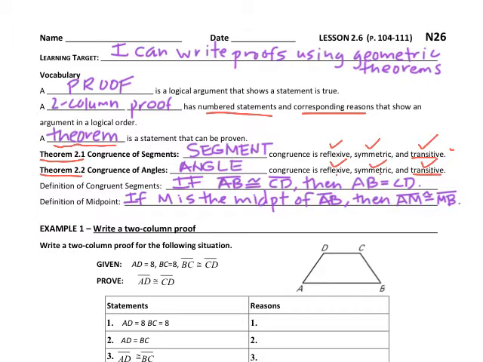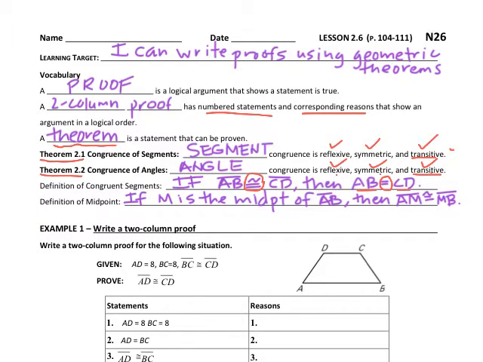All right, the definition of congruent segments. If a segment, let's just say AB, is congruent to CD, then we know that the length of AB is equal to the length of CD. Now the idea here is that you see this congruent symbol in the first part of the statement, but you see an equal sign in the second part of the statement.